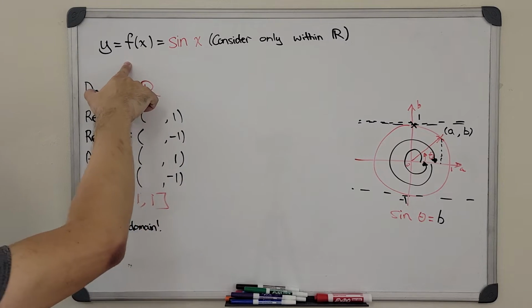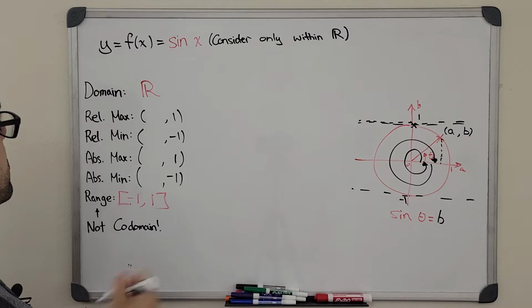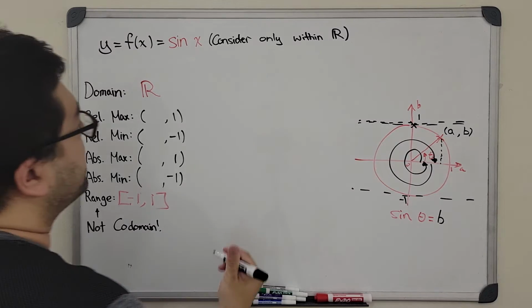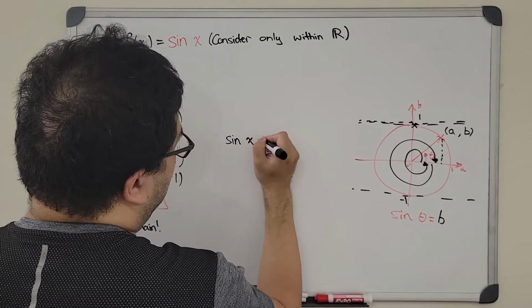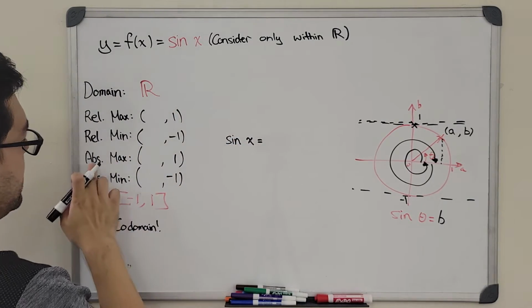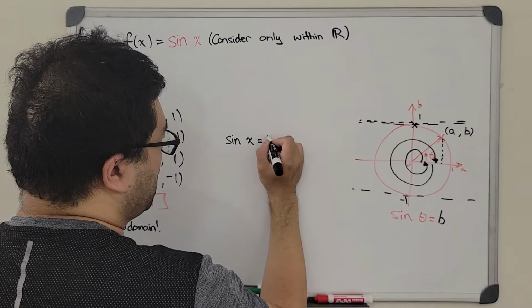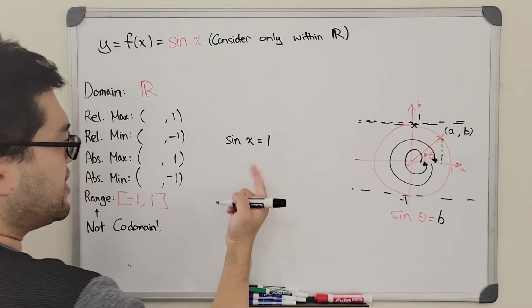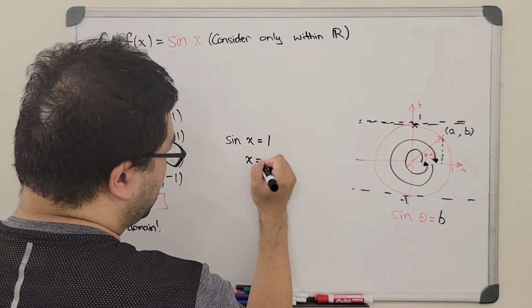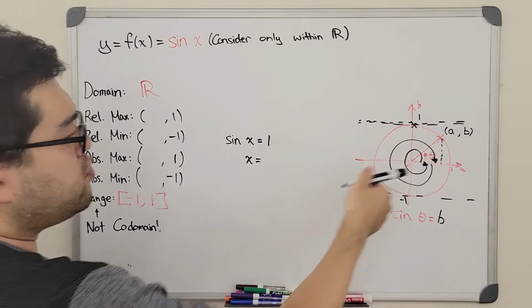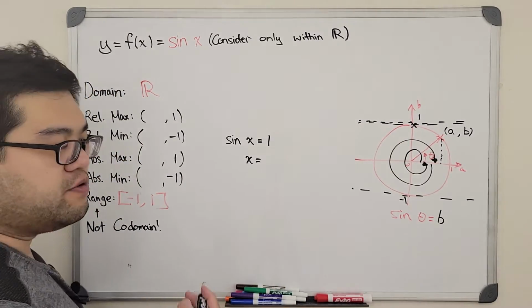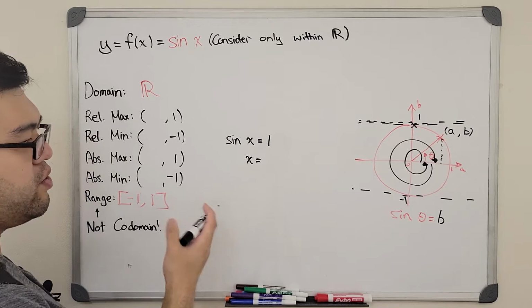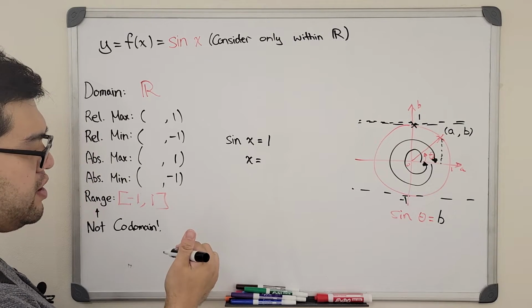So how do we find the x values? Of course, we're going to substitute back into our function. So now we have to consider sine of x equals y. And to find out the absolute maximum, we set y equals 1 and solve for x. So we can use the unit circle to help us if we don't like using the arc sine or the inverse trigonometric function.